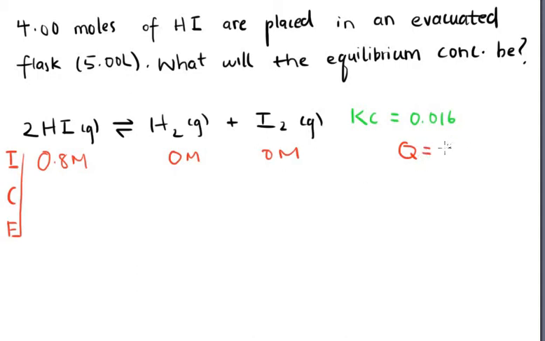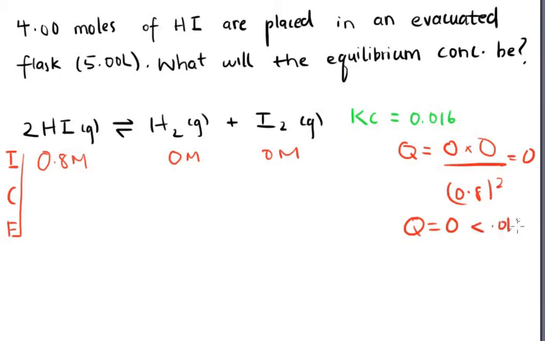So it's just 0 times 0 divided by 0.8 squared, which is 0. And because Q, which equals 0, is less than 0.016, or the equilibrium constant, then the reaction will go right. So this reaction will go right.